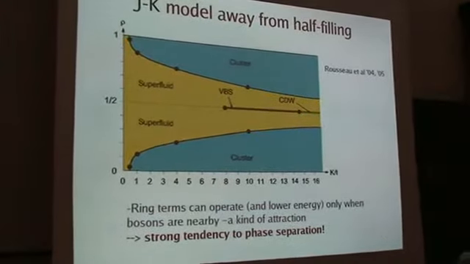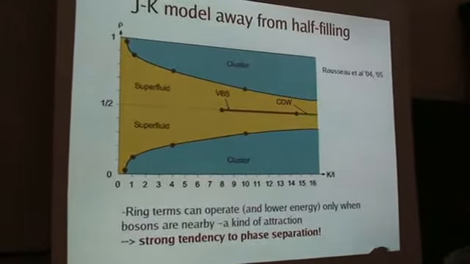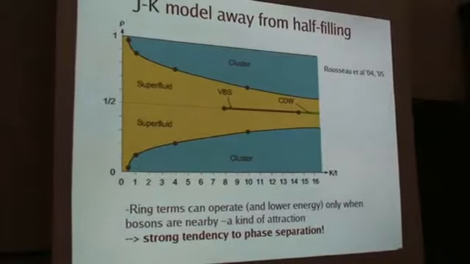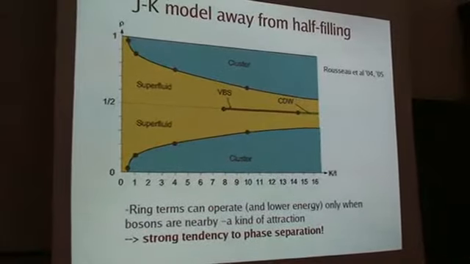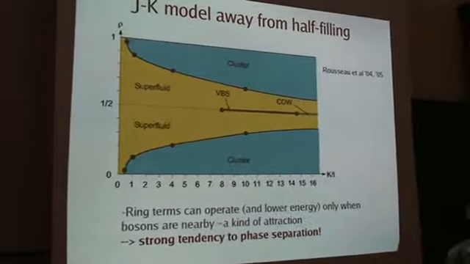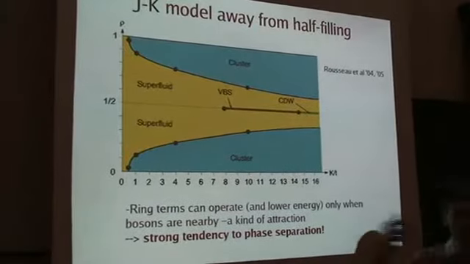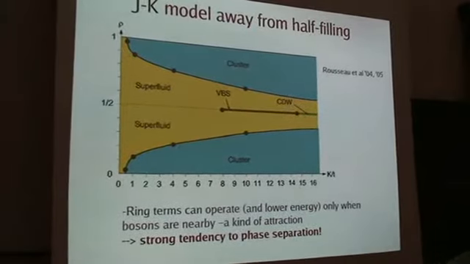Yeah, but finite, right? Meaning that it's a first order phase transition. Yes, that was my comment. What is cluster? I'm sorry. So here it's a phase separation into empty space and boson-rich space.